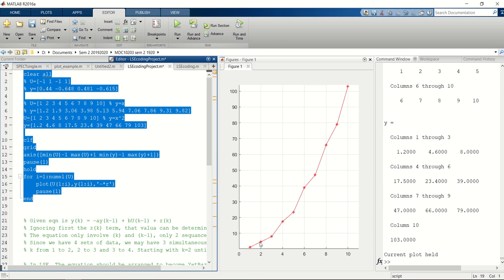Okay, you can see here, x equals 1, it goes 1. X equals 2, it goes 4. X equals 3, it goes 9. 4, it goes around 16. 5, around 25. 6, around 36. 7, around 49. 8, around 64. 9, around 81. And 10, it goes around 100.